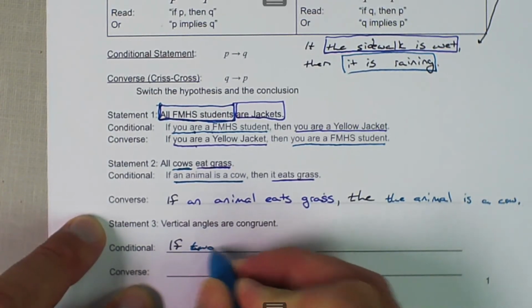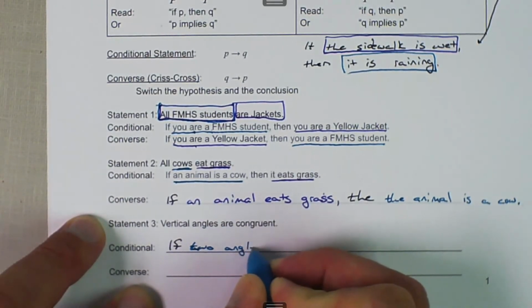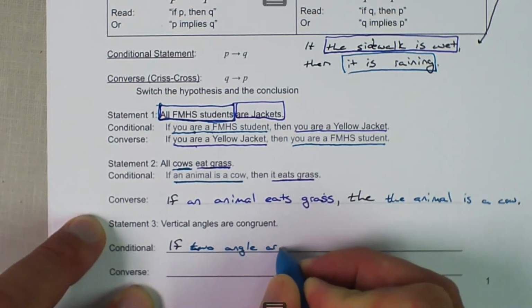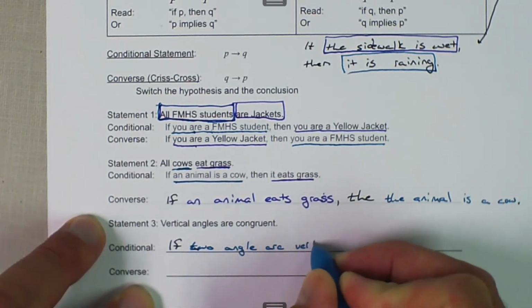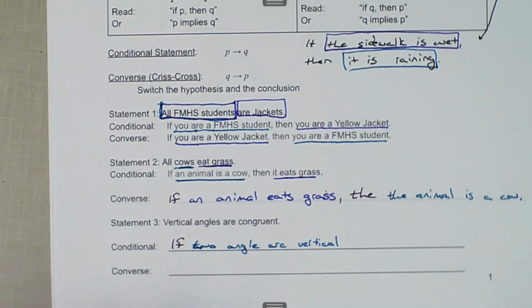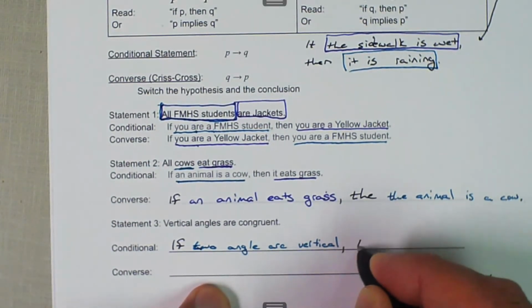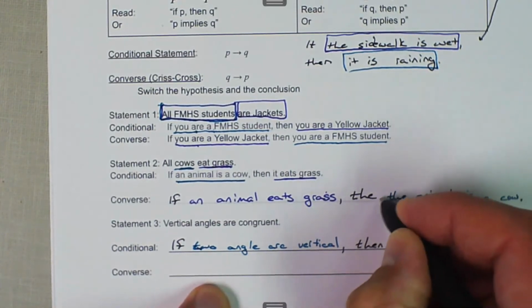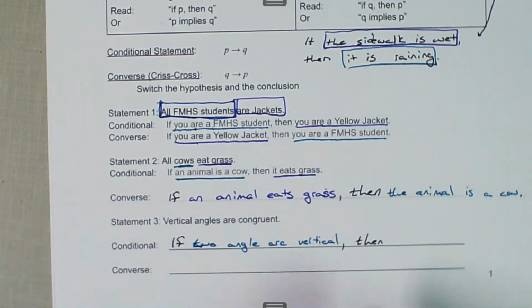If two angles are vertical, we'll put our comma in there. I guess I forgot my N on then. Then the angles are congruent.